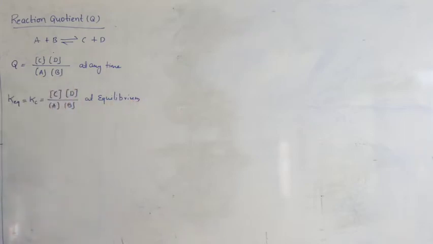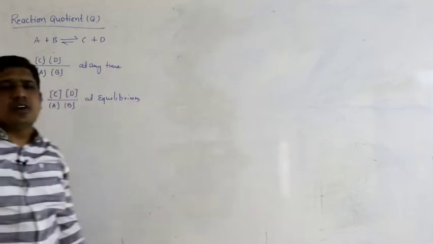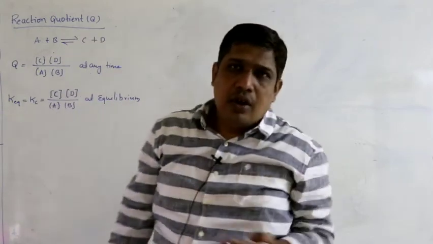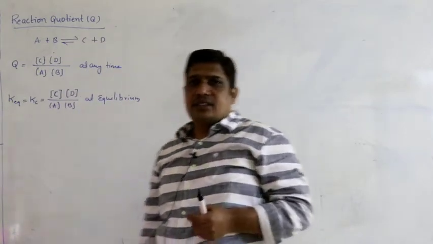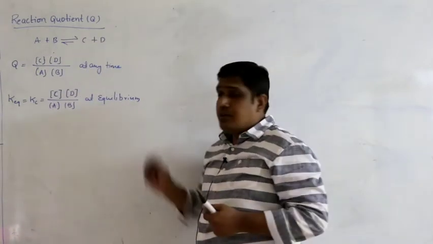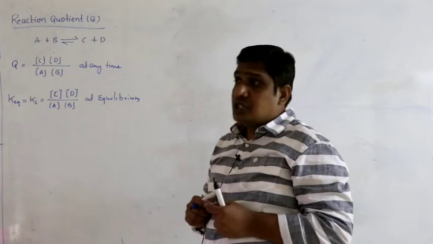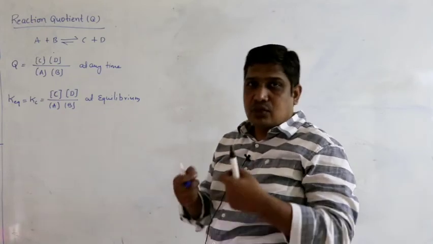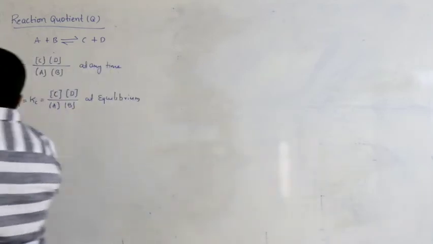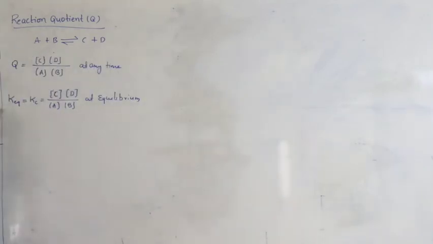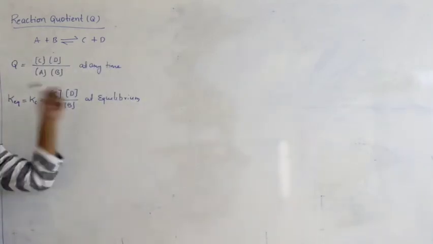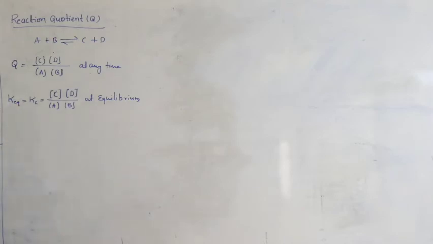Q is simply the ratio of the product of concentrations of products to that of reactants at any time t. But the equilibrium constant is the ratio of equilibrium concentrations of products to that of reactants. So they are different. Q may be equal to K provided that time t is the equilibrium time.